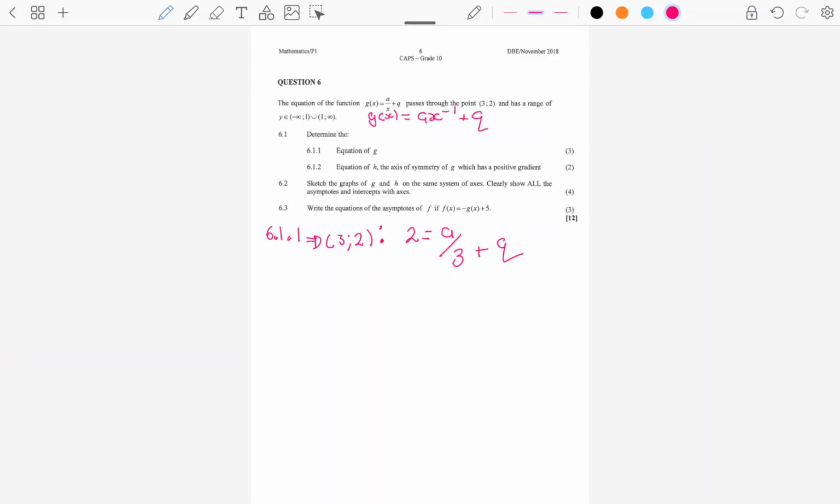Since we know the range of g of x, we can assume that the values where it doesn't cross mean there'll be an asymptote there. Therefore, the value of q, which is the value of our asymptote, will be 1. So 2 equals a over 3 plus 1, and once we solve for a, it will be 3. This gives us g of x equal to 3 over x plus 1.